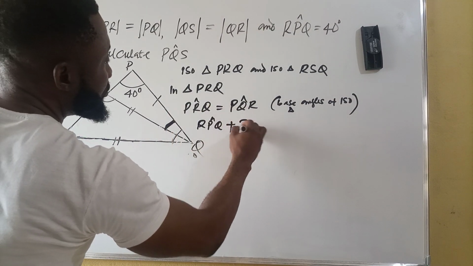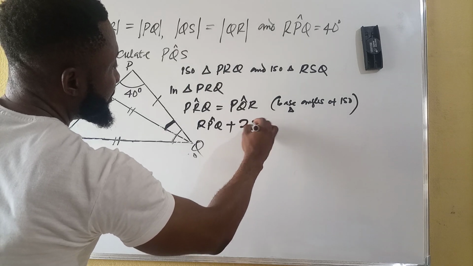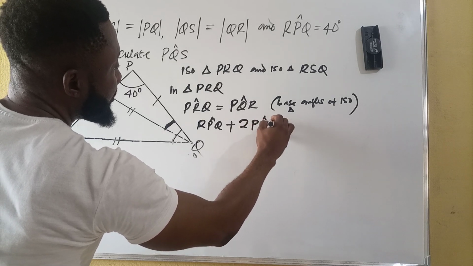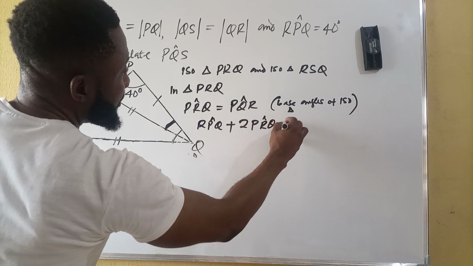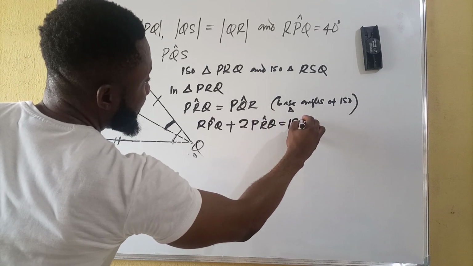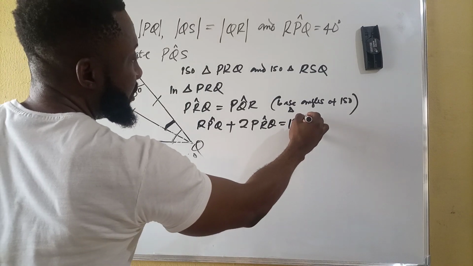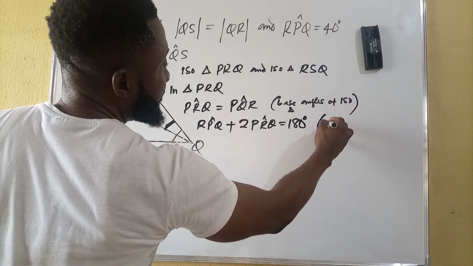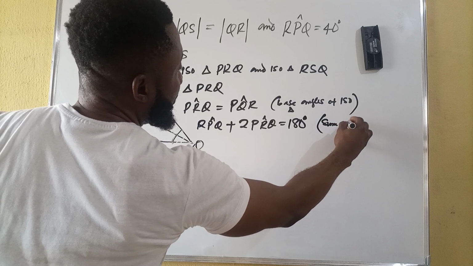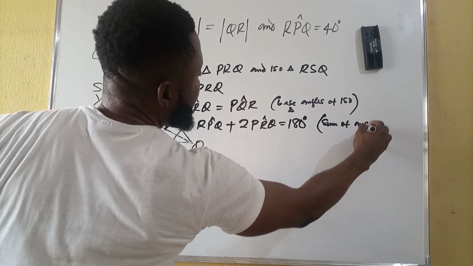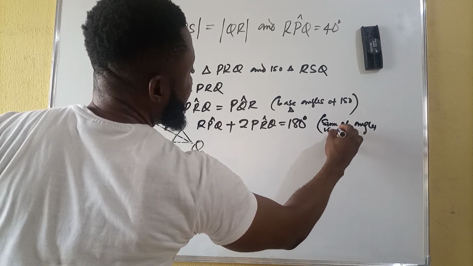So I'm going to say 2 times PRQ is equal to 180 degrees. The reason is sum of angles in a triangle.